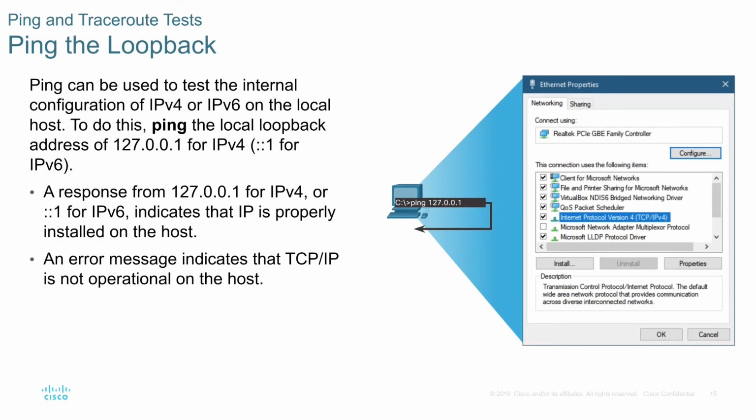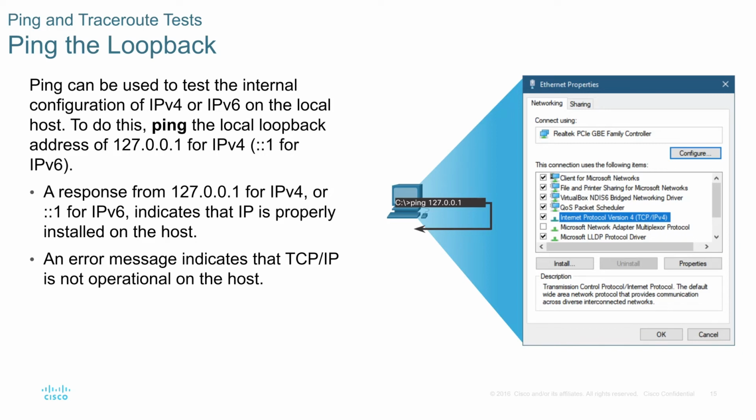Ping can be used to test the internal configuration of IPv4 or IPv6 on the local host. To do this, we can ping the local loopback in IPv4 of 127.0.0.1 or ::1 for IPv6. If I receive a response from either the 127.0.0.1 or the ::1 for IPv6, this indicates that the IP is properly installed on the host.